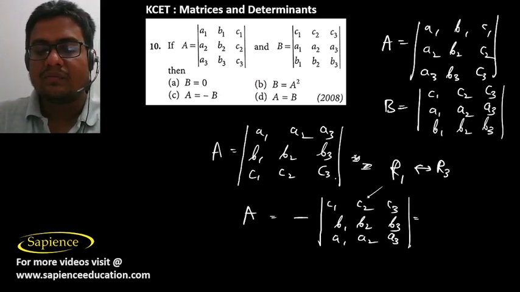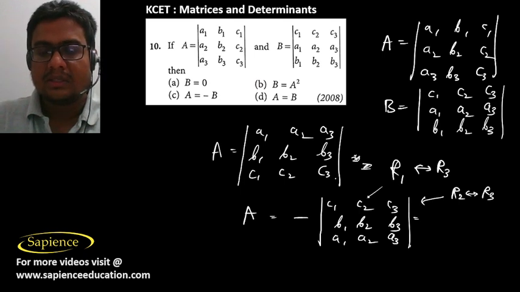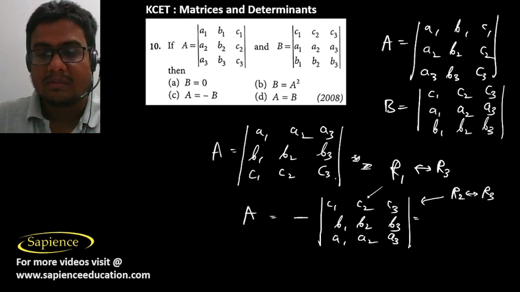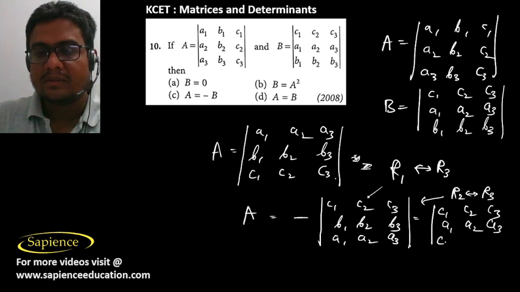Now again if we interchange the rows R2 and R3, then again one more minus sign will come, so minus will become plus, and then we will have C1, C2, C3, and A1, A2, A3, and B1, B2, B3.